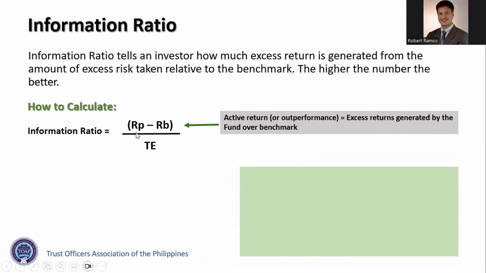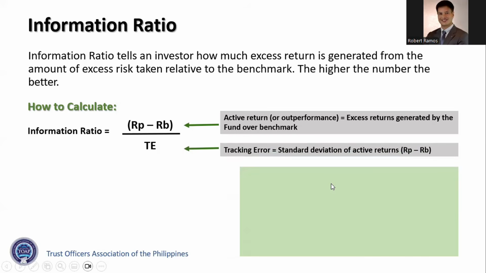So the numerator is the return of the portfolio less the return of the benchmark, or the active return, or outperformance. It's the active return over the benchmark. And the denominator, TE, is tracking error, or the standard deviation of the active returns, of the return of the portfolio less the return of the benchmark.